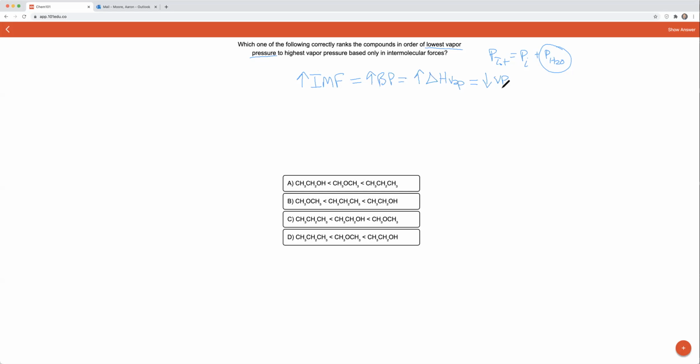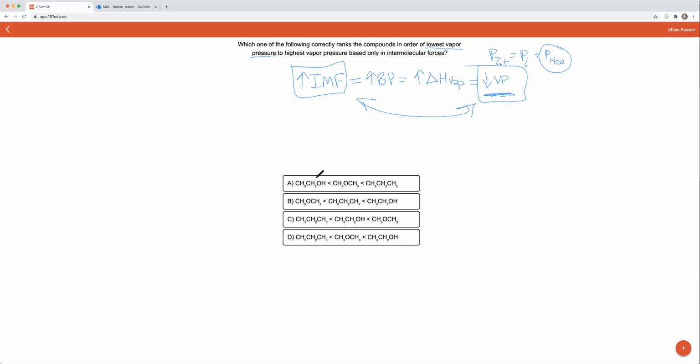And the gas molecules are what give us the vapor pressure. So that is going to result in a lower vapor pressure. So the overall relationship is that the higher the intermolecular forces, the lower the vapor pressure. If you want to cut to the chase, the higher the intermolecular forces, the lower the vapor pressure.